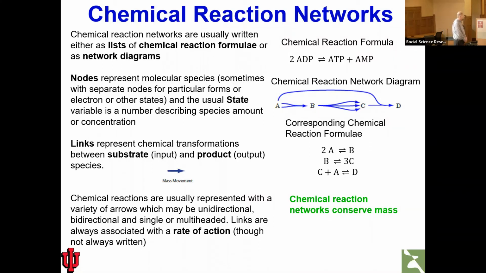There are, as I mentioned, a number of different conventions for how you represent these things. In this case, I've taken this set of chemical reaction formulae, and we've drawn them in the form of a diagram with arrows.